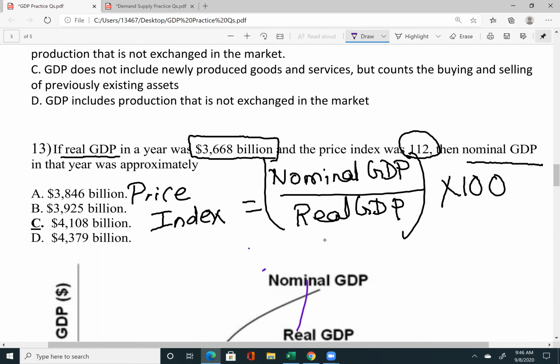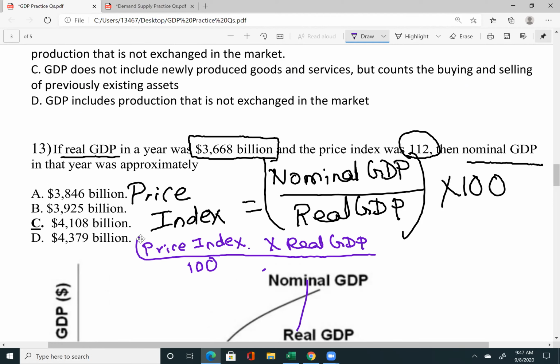I can write down the price index times real GDP over 100.